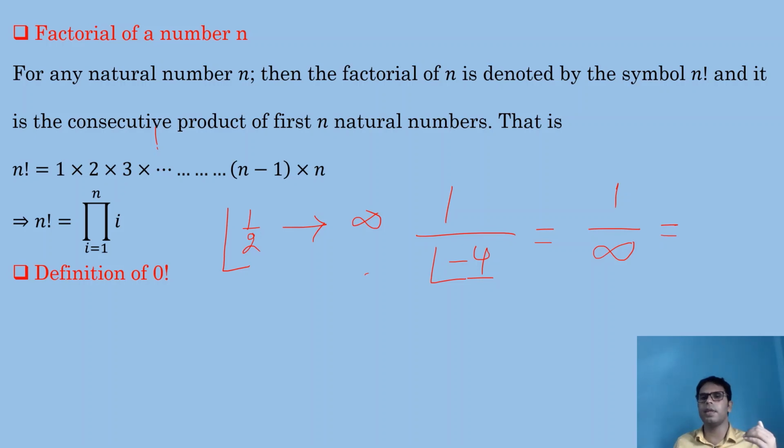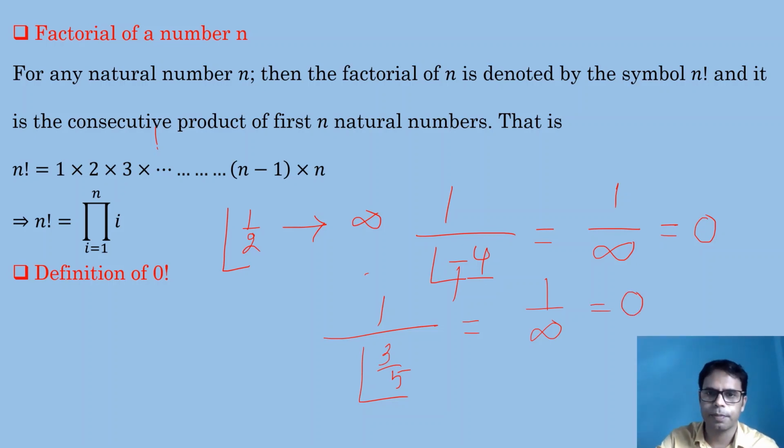So 1 divided by a very big number will give us 0. So 1 by factorial of a negative number is defined and the value is equal to 0. Similarly, 1 by factorial of some fractional number, say 3 by 5, then also this value is 1 by infinity and that will be equal to again 0. So you got my point, I think.